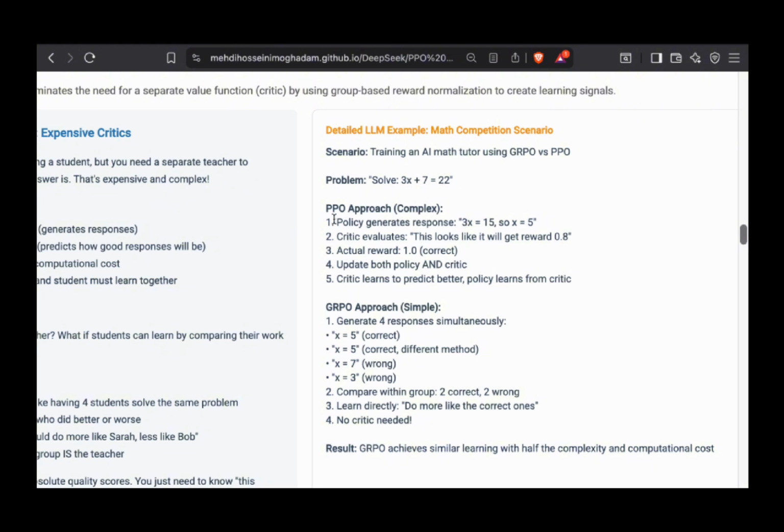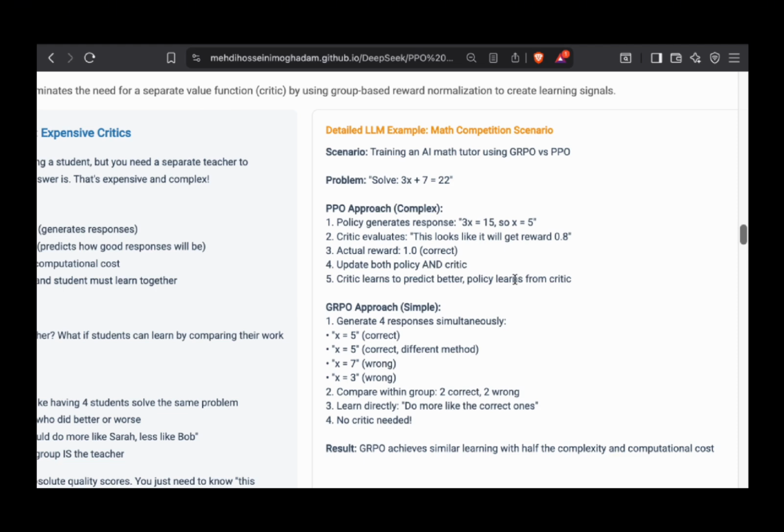The PPO approach, which is complex: the policy generates a response, 3x is equal to 15, so x is 5. The critic evaluates: this looks like it will get reward 0.8. The actual reward is 1, correct. Update both policy and critic. Expensive computationally. The critic learns to predict better, the policy learns from the critic. Okay, that was how PPO works.